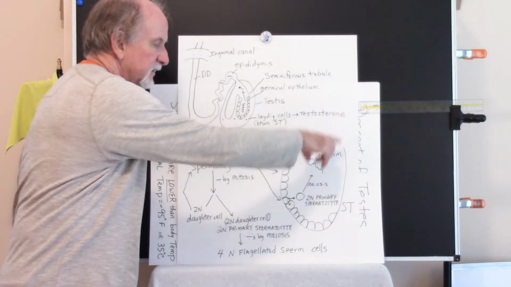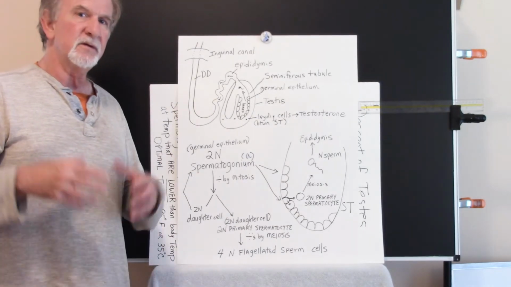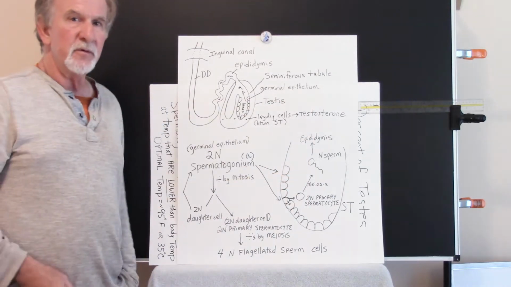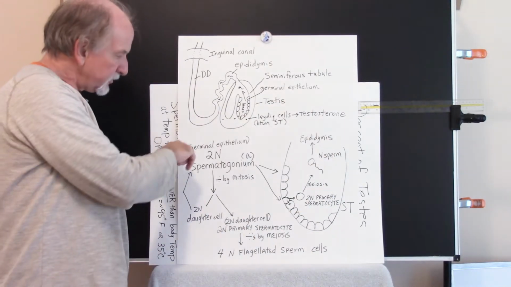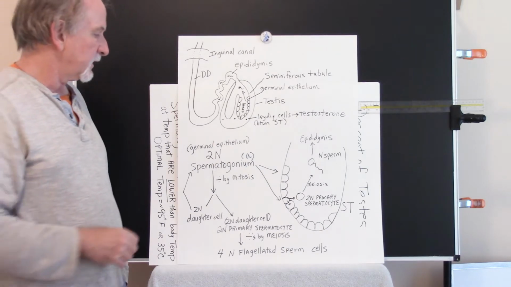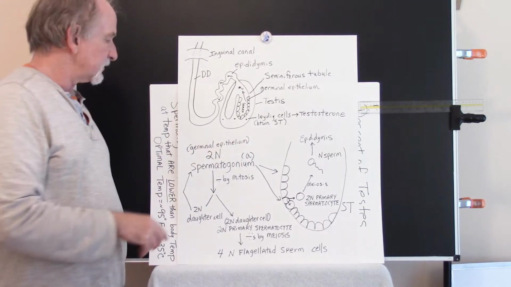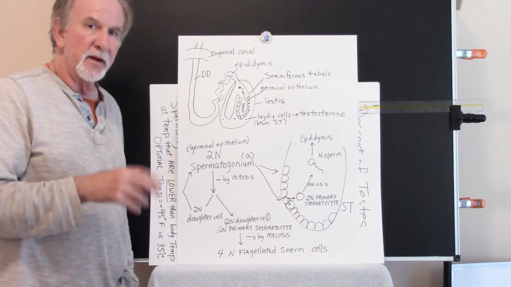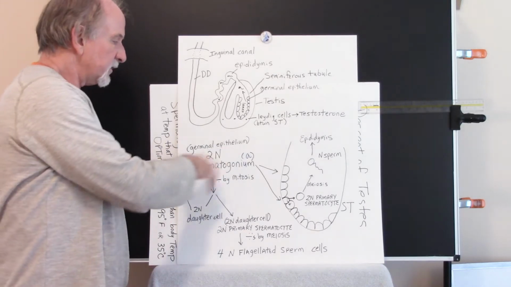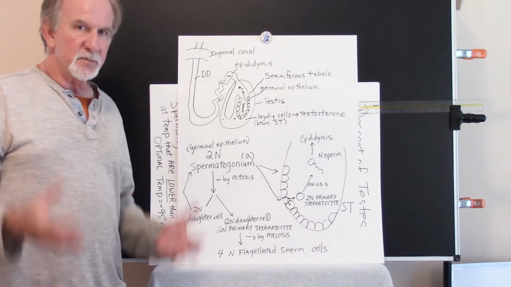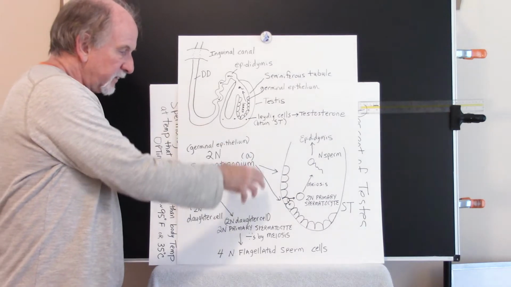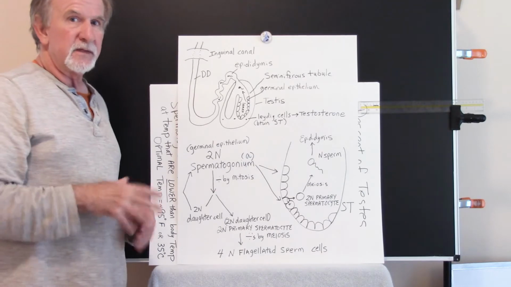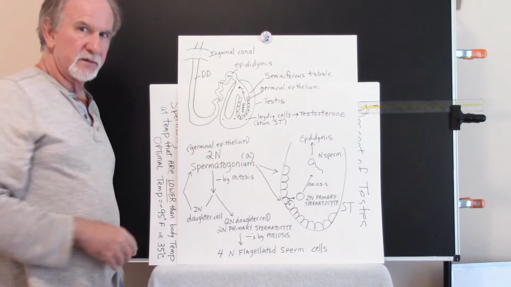So this would be just a single seminiferous tubule, and the lumen of the seminiferous tubule would be lined with the germinal epithelial cells. The germinal epithelial cells are called diploid spermatogonia. Spermatogonium would be singular. Change the um to an a and it becomes plural. And the spermatogonia that make up the germinal epithelium, curiously enough, divide first by mitosis.